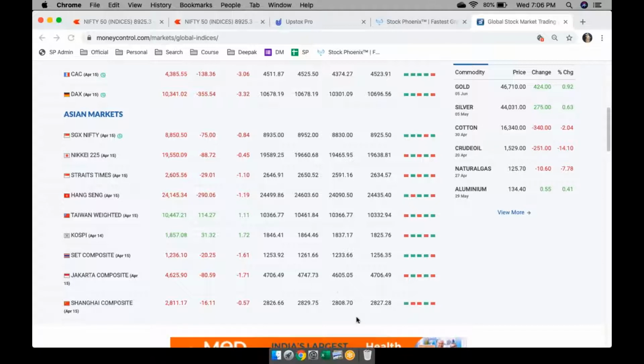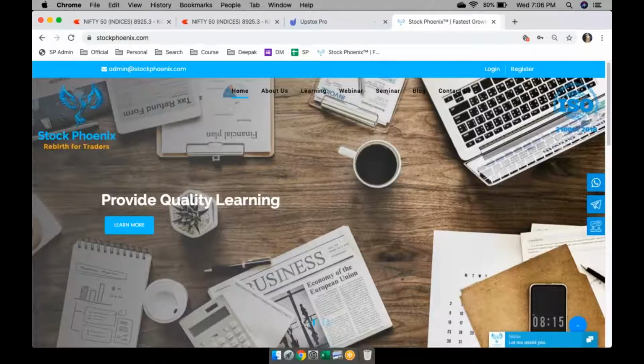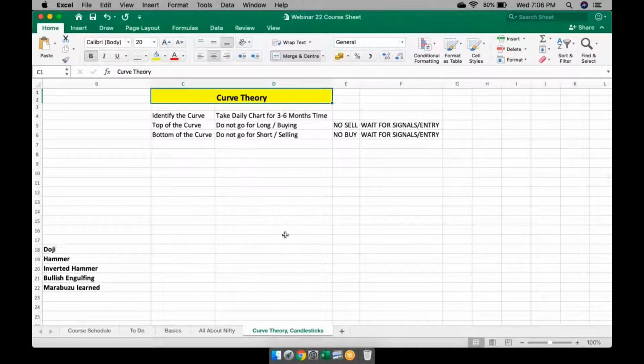So now we will enter into the technicals, that is candlesticks. Before that, we will learn curve theory. Okay, so we are entering into curve theory.